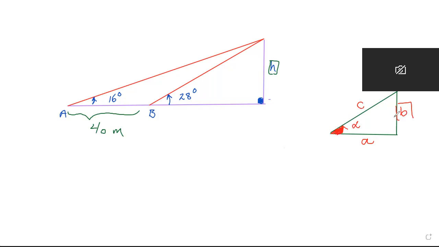One of them is the sine of alpha, which uses the opposite length, B over C. Or sometimes we do not have C, we have just A. And we also defined cosine of alpha as adjacent over hypotenuse, which is A over C.